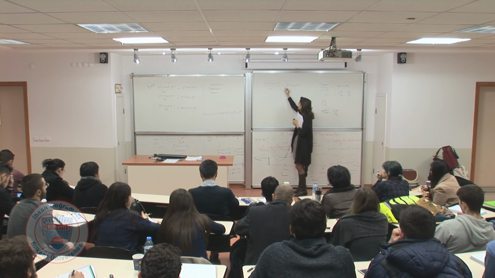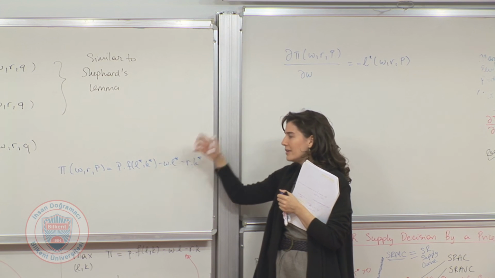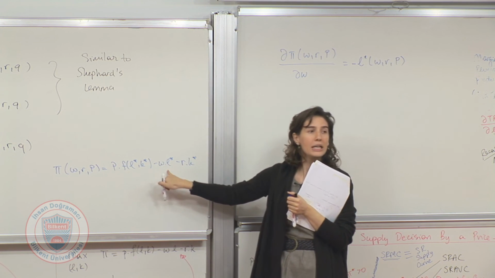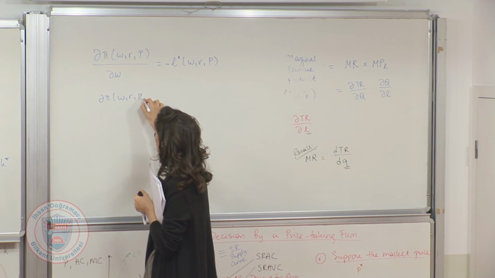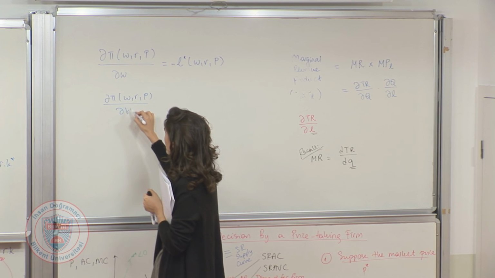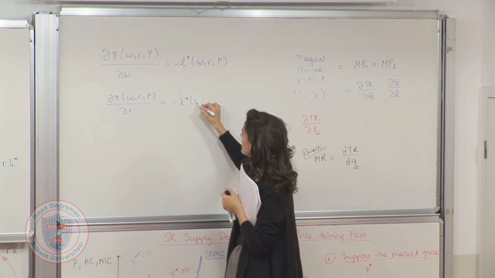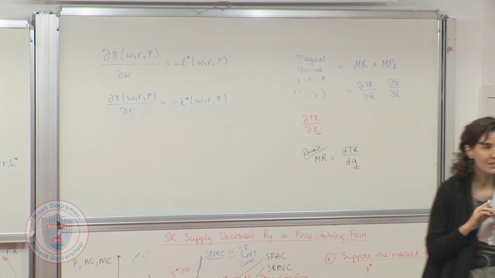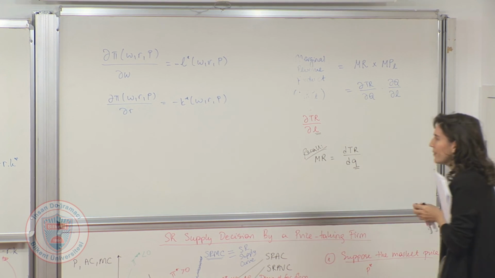So just be careful. When you take the derivative with respect to wage, it's going to be minus L star. So del pi over del wage is minus L star, and del pi over del R is going to give you minus K star. So these are results. If I give you the profit function, you can just take the derivative with respect to wage and get these, okay?